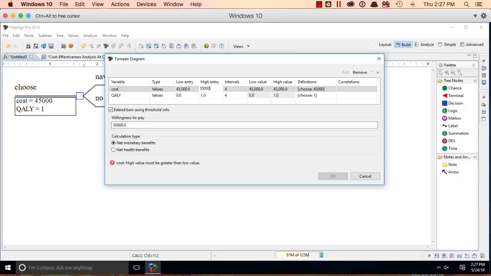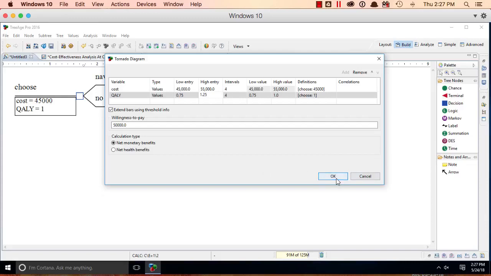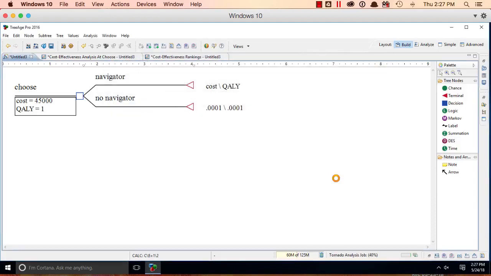How much of an influence does the quality have on an ICER? Which has the larger influence on the ICER, the cost or the quality? Which has a larger influence on the net monetary benefit, the cost or the quality? The tornado diagram will give us a visual depiction of what the net monetary benefit is more sensitive to, and what the ICER is more sensitive to.